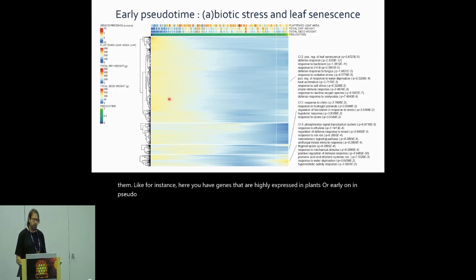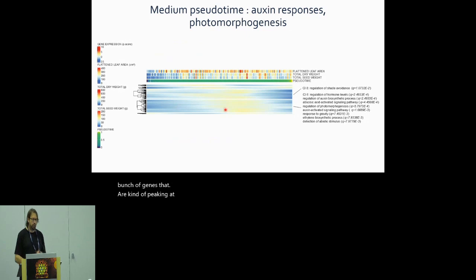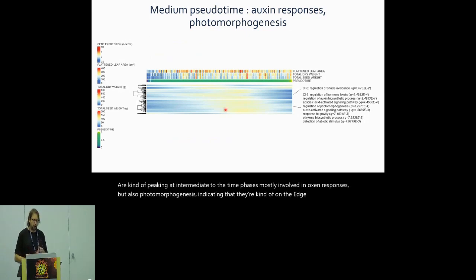Most of these are involved in abiotic stress and leaf senescence. And then you have a bunch of genes that are peaking at intermediate pseudotime phases, mostly involved in auxin responses, but also photomorphogenesis, indicating that they're on the edge of doing some developmental transitions.